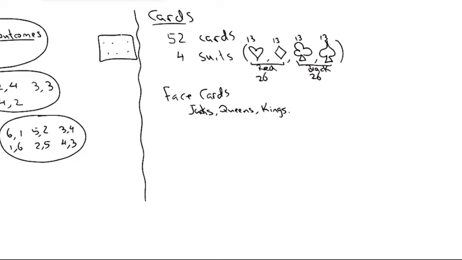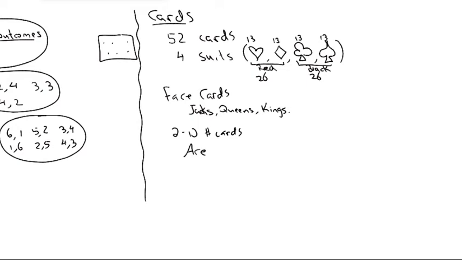So there are 2 through 10 number cards of each suit: hearts, clubs, diamonds, spades. And then there is the ace, 4 aces, which literally has an A on the card.